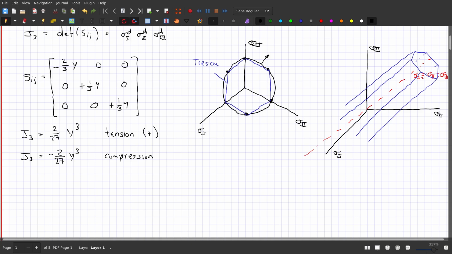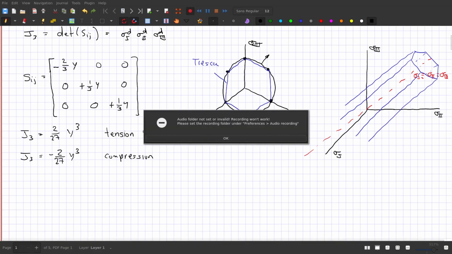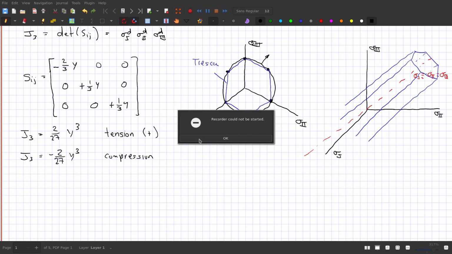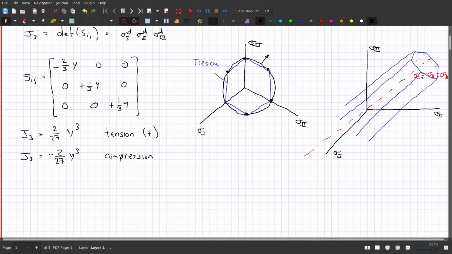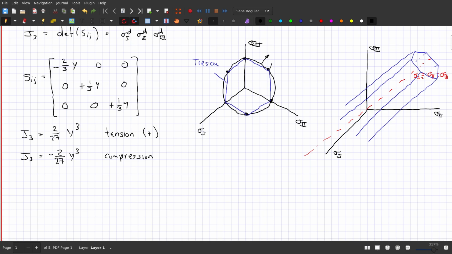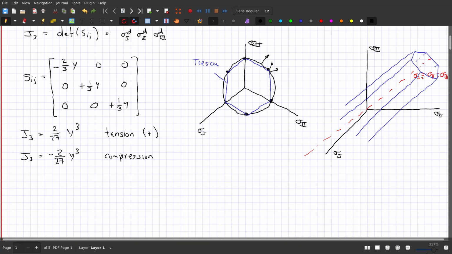But you see at the very corners, right here, depending on where you're at on either side of that corner, you can have small changes in the state of stress that vastly change the direction of the associated part of the flow rule. And in particular, there's difficulty right at the corner, because the normal's not defined at that sharp corner.